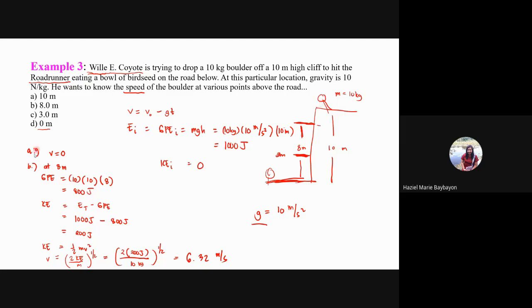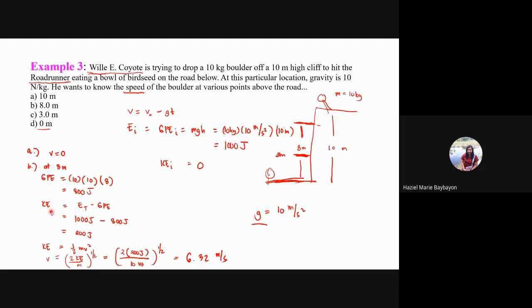So let us try to get first the gravitational potential energy at this point. It is equal to mgh, where h is equal to 8 meters now. Substituting, we will get 800 joules. Okay? And then, noting that ET, or the total mechanical energy at this point, is just equal to the sum of the kinetic energy and the gravitational potential energy, then we can get the kinetic energy.